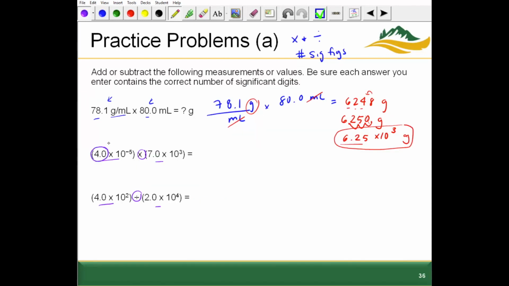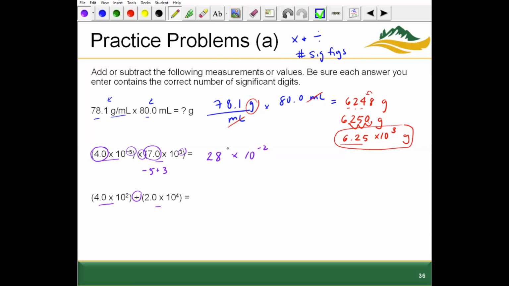We know we're going to multiply these values and then we'll deal with the exponents. When we multiply those values, that's definitely 28. And now for multiplication, we're going to add these exponents. So we still write out times 10. And then once we add -5 plus 3, that gives us -2.